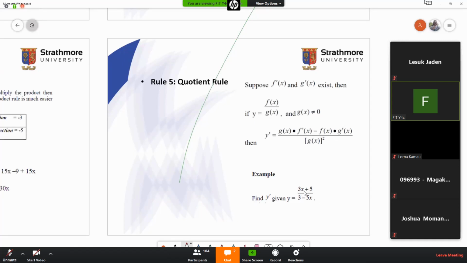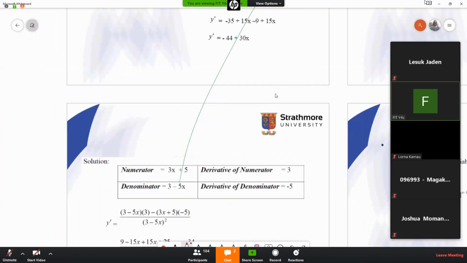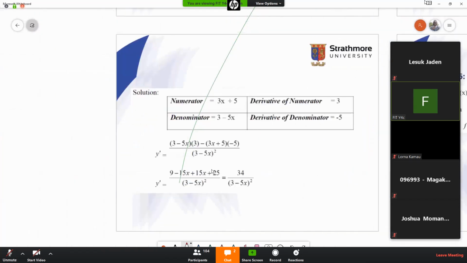So y prime of 3x over 3 minus 5x. Okay, again, I do like a table. Then I combine them in that formula, and then finally I get this one. Sometimes you don't have to simplify further.